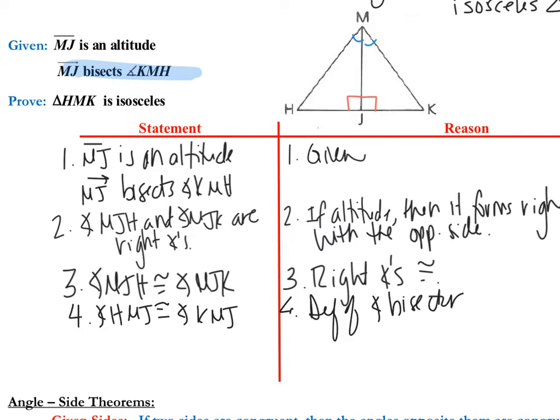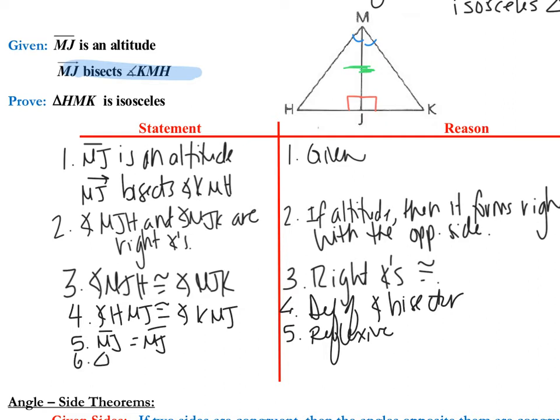Okay, so now we have two components. We need a third one. A third one would notice that they are sharing a common side. So we would say MJ is congruent to MJ by the reflexive property. So I'm going to go ahead and mark that. Now do I have three components to prove that the triangles are congruent? I do.